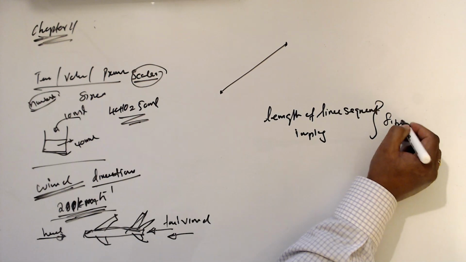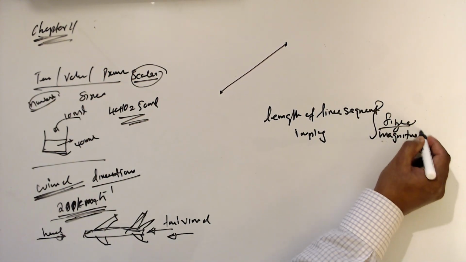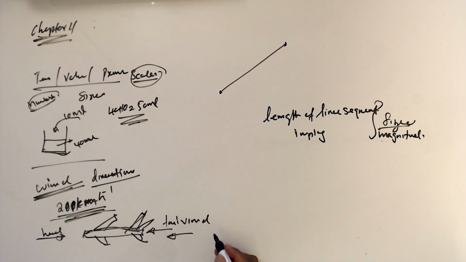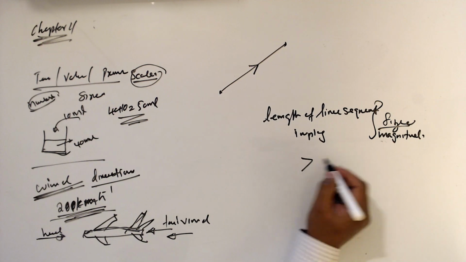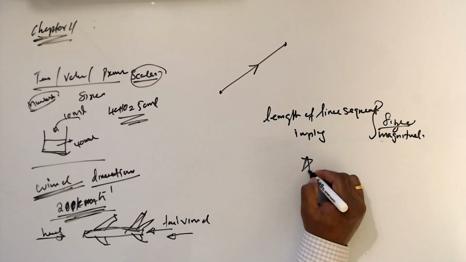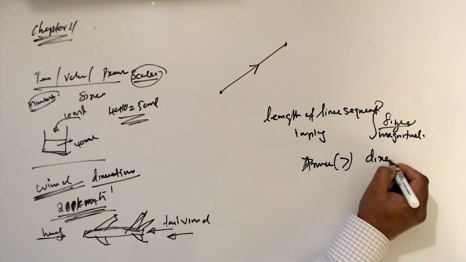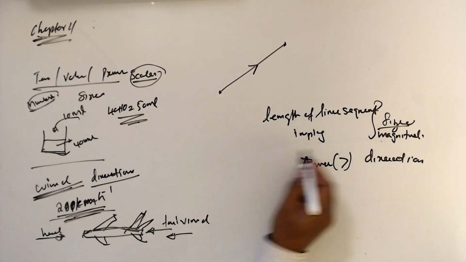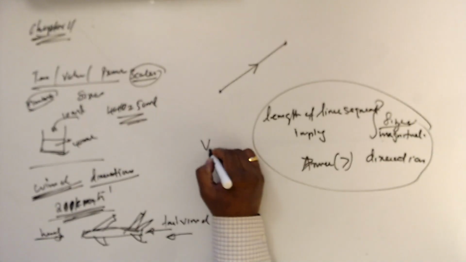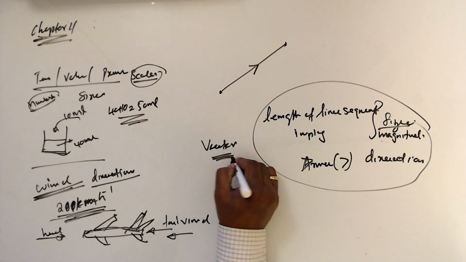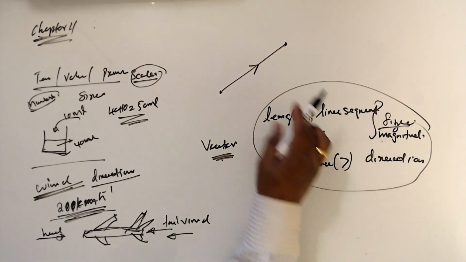Size, or the good word is magnitude. Now where's the direction? Direction is with the arrow. So the arrow implies the direction. So this setup is a vector. A vector has a direction and a magnitude.